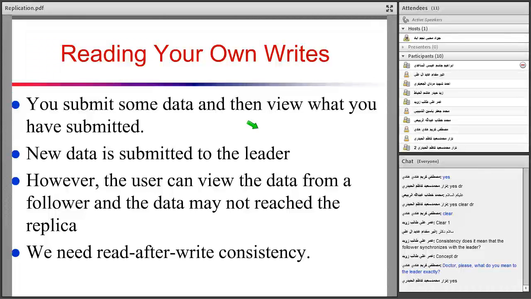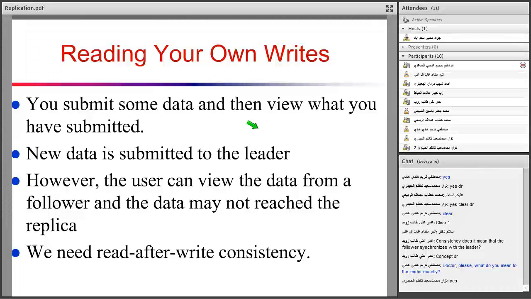Each write query is sent to the leader, and the leader is responsible for creating a replication log, which consists of the data changes, and sending it to the followers.